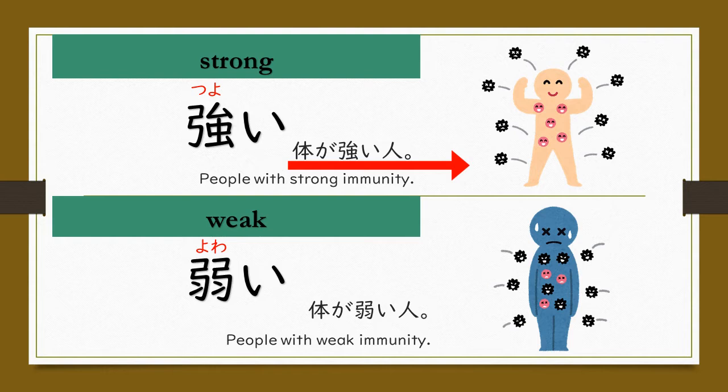So healthy. 体が強い人. Opposite is 体が弱い人, people with weak immunity. Because you have weak immunity, you get sick easily. 体が弱い人.